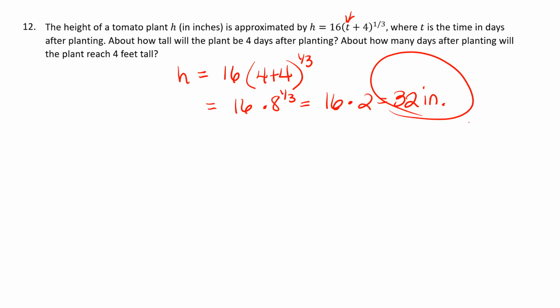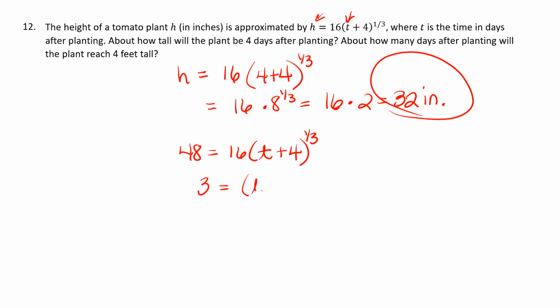The next question is about how many days after planting will the plant reach 4 feet tall? 4 feet is 48 inches, so that is going to go into the spot for H. So we'll have 48 is equal to 16 times T, which is what we're looking for, the time, plus 4 to the 1/3. So 48 divided by 16 is 3.